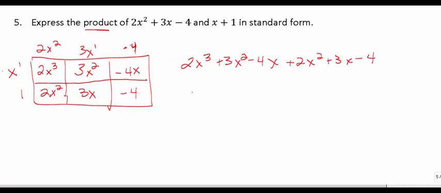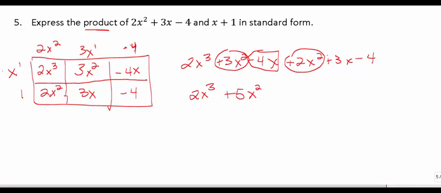And then combine your like terms. You have a 2x cubed, you have a 3x squared, and a 2x squared for a 5x squared. Negative 4x, positive 3x for a positive 7x, and then a minus 4. And standard form means largest exponent first, all the way down in descending order. Please stay tuned for the question to follow.